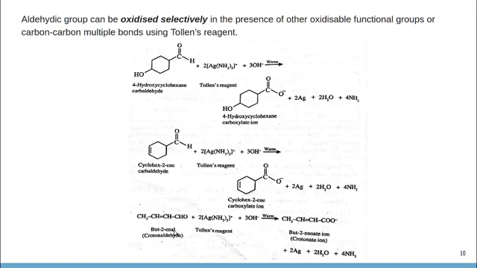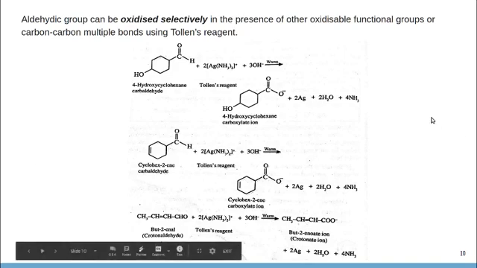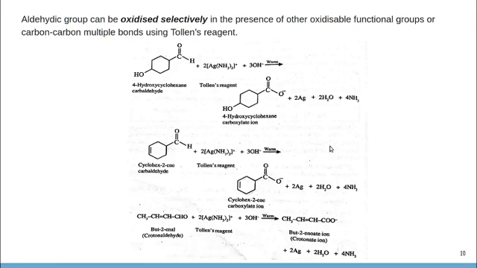That is but-2-enal undergoes oxidation using Tollens reagent. We will get crotonate ion. That means here we have one double bond that will not get affected during oxidation. So this is one of the benefits of oxidation using Tollens reagent: selective oxidation of the aldehyde group.